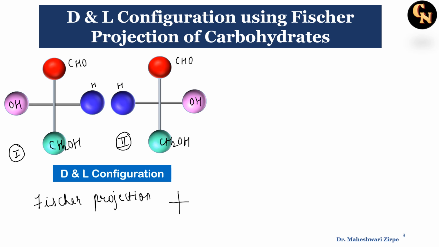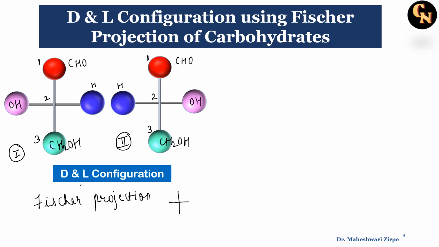For considering D and L configuration, we have to concentrate on the second last carbon, counting from the last carbon. Here the first carbon is the aldehyde, the second carbon is the middle one, and the third carbon is CH2OH. Similarly here the first carbon is CHO, the second carbon, and the third carbon is CH2OH.